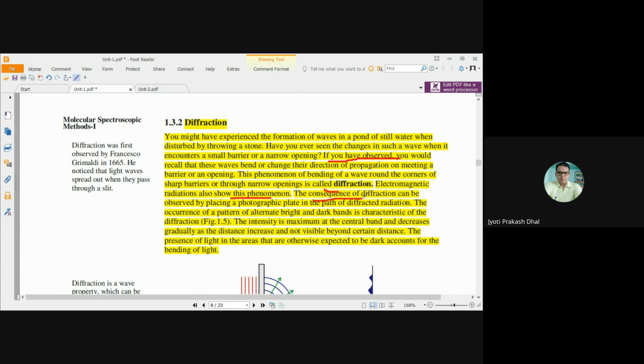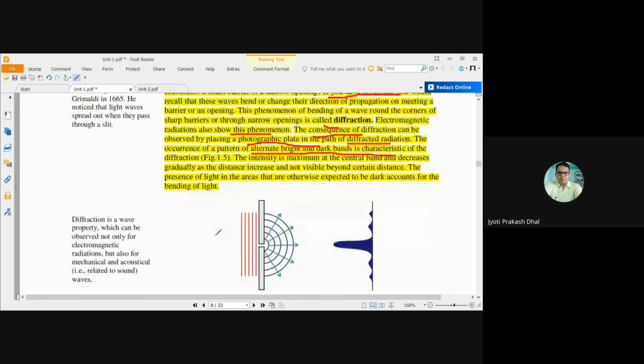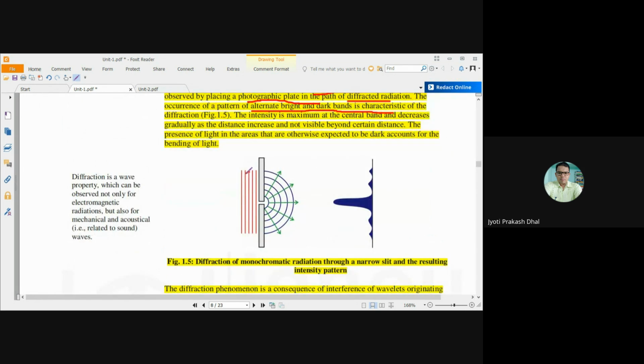The consequence of diffraction can be observed by placing a photographic plate in the path of the diffracted radiation. The occurrence of a pattern of alternate bright and dark bands is characteristic of diffraction. Suppose this is monochromatic radiation passing in a particular direction.